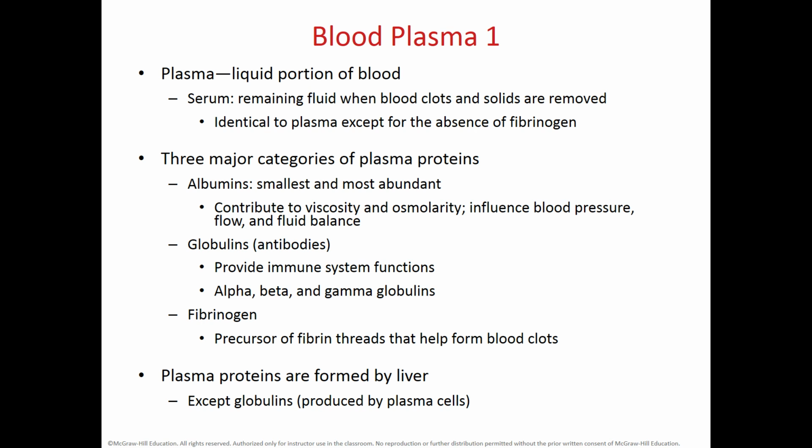And the remaining fluid, when you have clotted your sample of plasma within the test tube because you haven't introduced any anticoagulant, and then you remove the solids from this plasma, is a remaining liquid known as serum. So serum is the same as plasma, except that it's not going to have the clotting factors and a protein that is called fibrinogen.